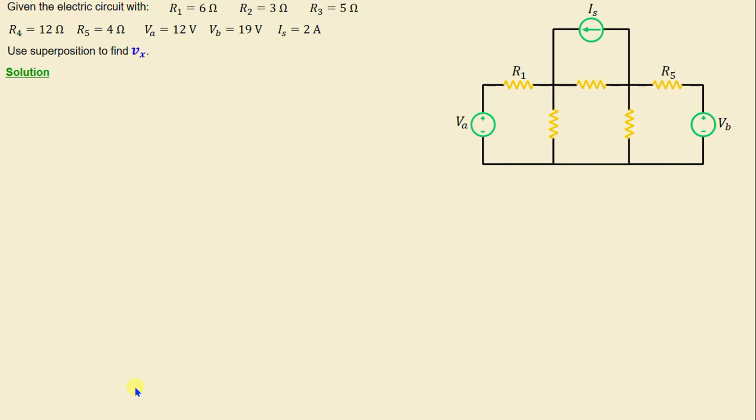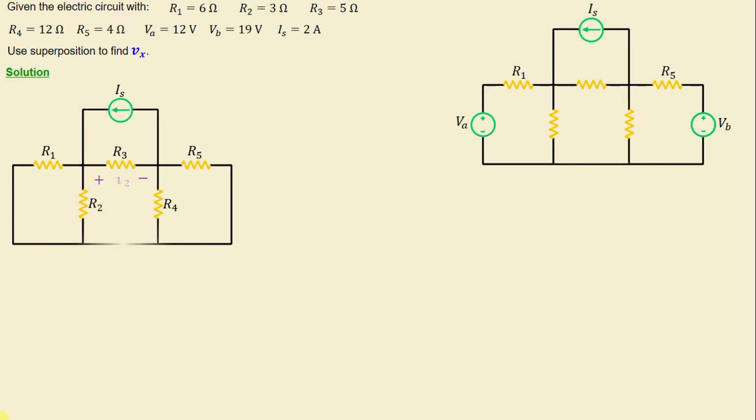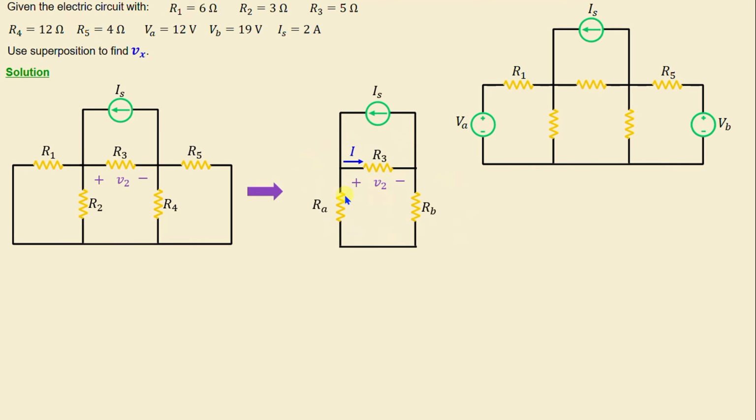Now let's consider the independent current source, Is, active and the independent voltage sources, Va and Vb, inactive, which will be replaced by a short circuit. This circuit can be simplified as follows, where Ra represents the parallel combination of R1 and R2.